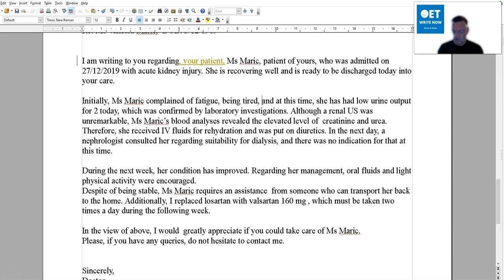So initially, when she went into hospital, she complained of fatigue, being tired, and had, right, so you use present perfect, but it's not connecting past and present. This was in the past when she came in. It's simple past, yeah? So being tired, had low urine output for 2 days.